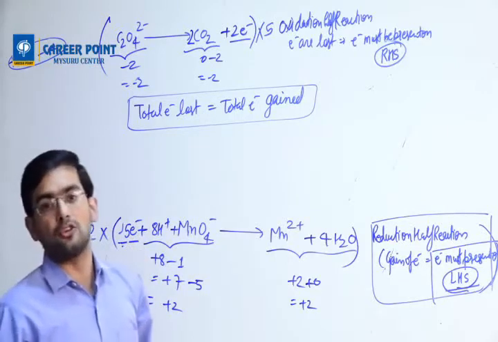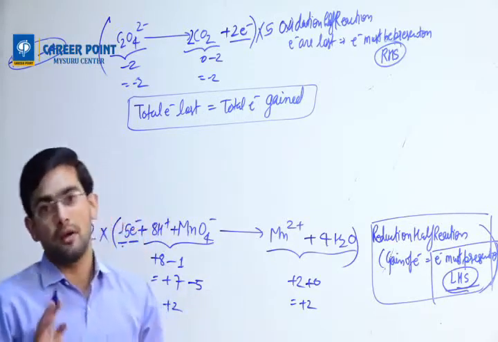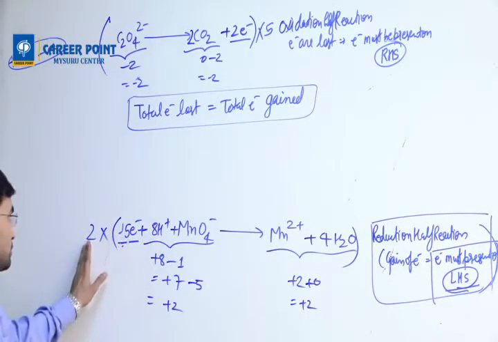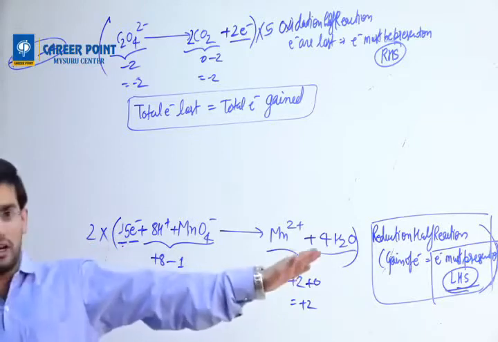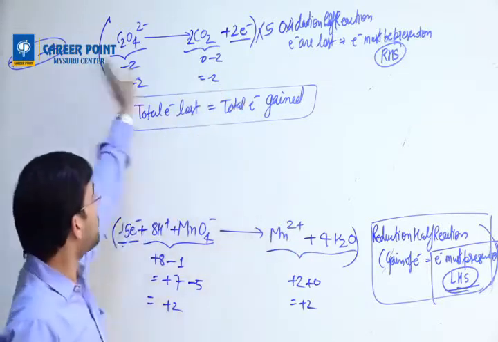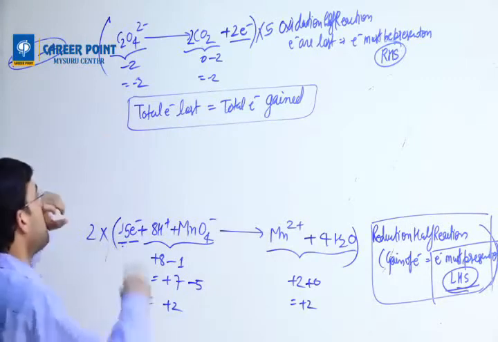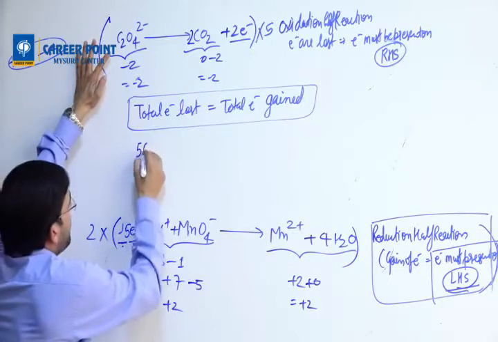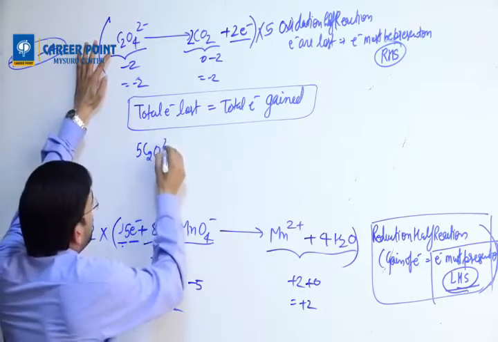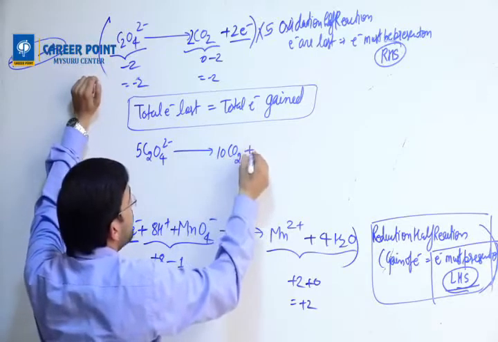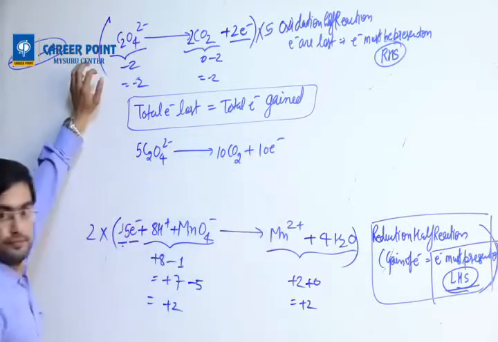Once both electrons are equal, you add them. But one more thing, when I'm multiplying by 2, the 2 will get multiplied to the whole reaction. I'm multiplying by 5, so 5 will get multiplied to the whole reaction. If you multiply both of them, what will the reaction become? 5 C2O4 2 minus gives rise to 10 CO2 plus 10 electron.